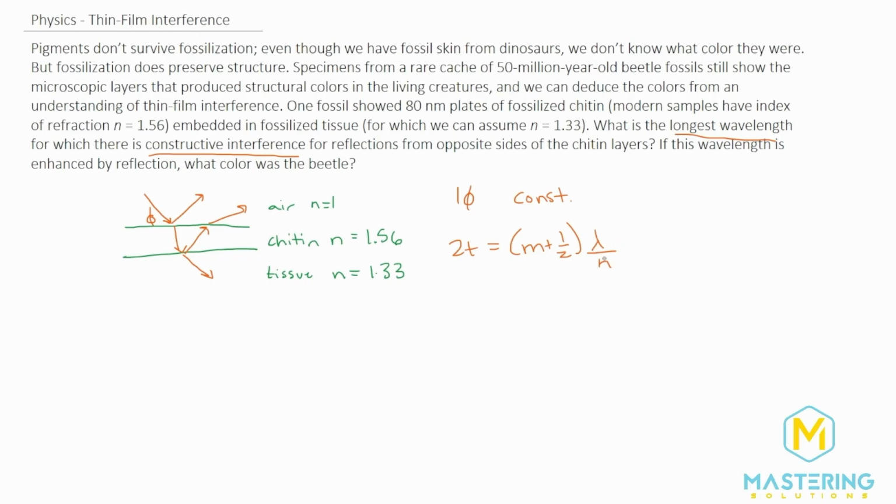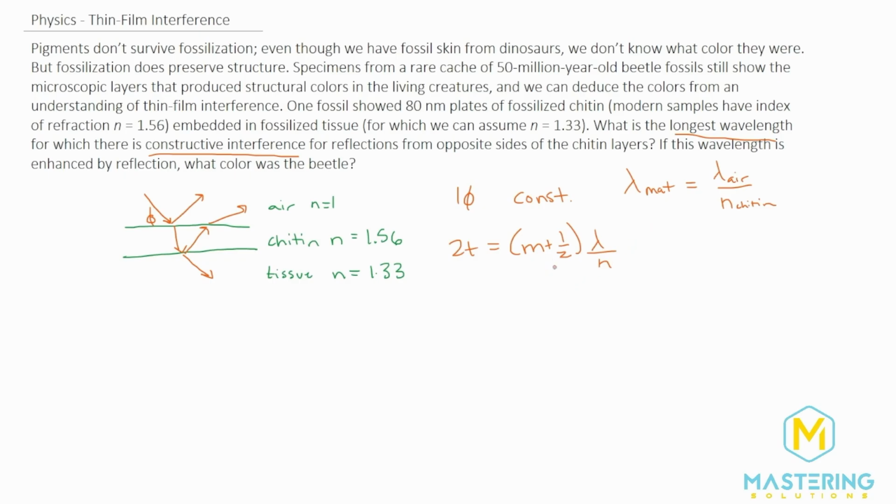And this lambda over n, we've talked about it in some of the other problems, but it's important to remember that it is coming from this right here. So lambda of a material is equal to the lambda in air over the n of the material, or in this case, the chitin. And that is why the lambda air over n chitin is here, to take into account. So if we solve this for the wavelength, we get the correct wavelength from that.